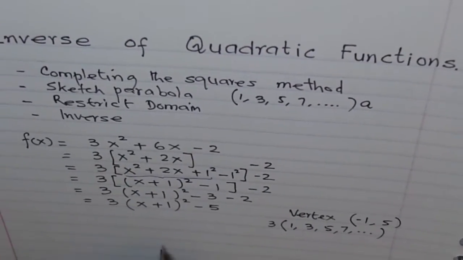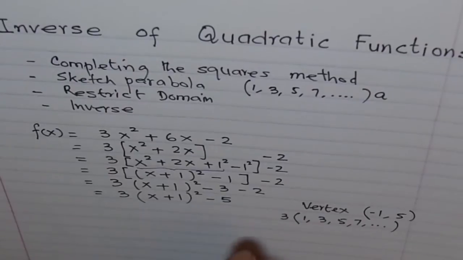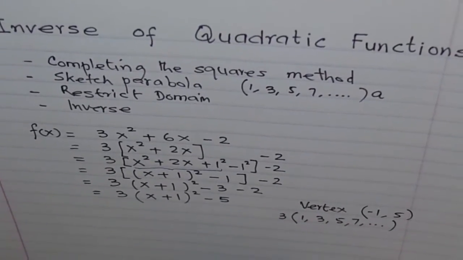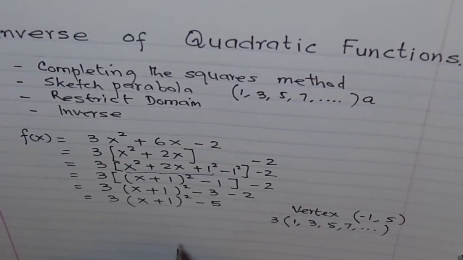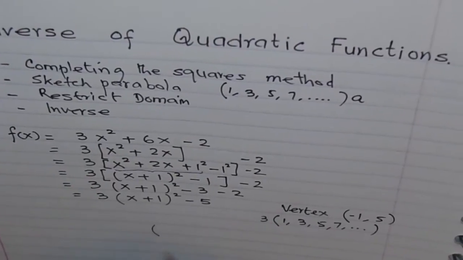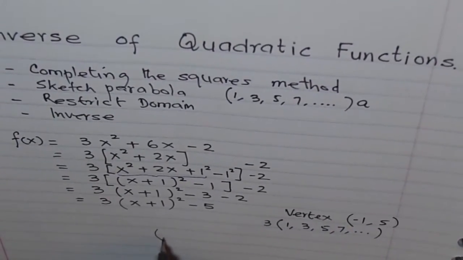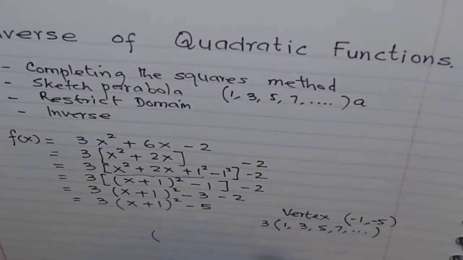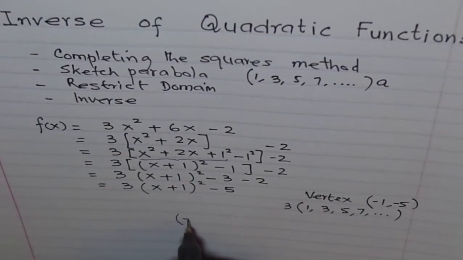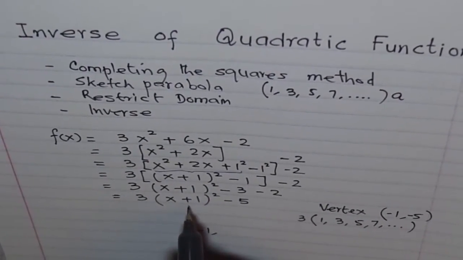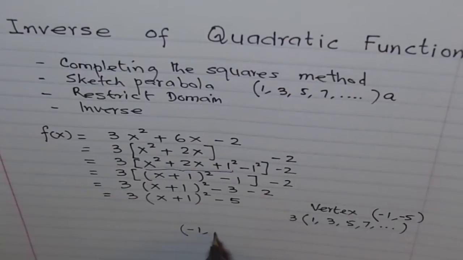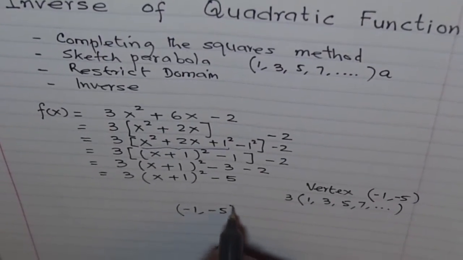So from here, let's go with the center value, the vertex, then we'll move right and left and get all of the values. So the center value, the vertex here, is minus 1, minus 5. It's always the negative of this number, and this number as such, minus 5.